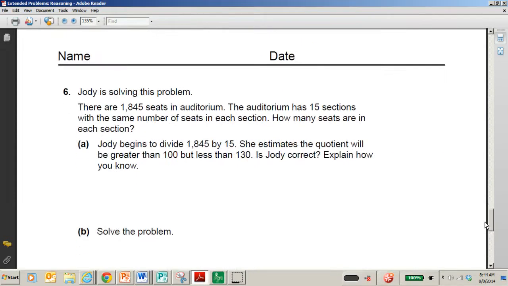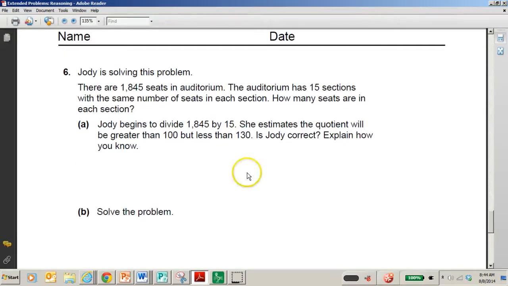And then for division, it goes into dividing this number by 15 and estimating, could it be in between this number? And so again, the Class Connect sessions are going to be a great tool for you as you try to help your child master these concepts. This is not something that's taught and mastered in one day, and it does take lots and lots of practice.